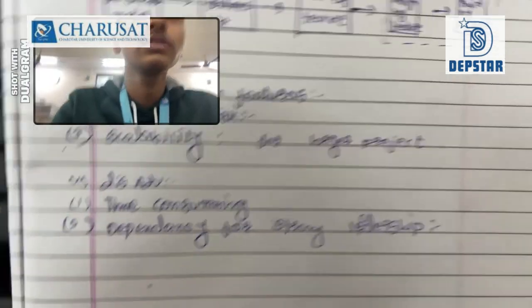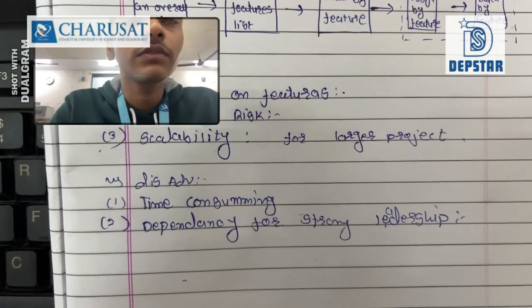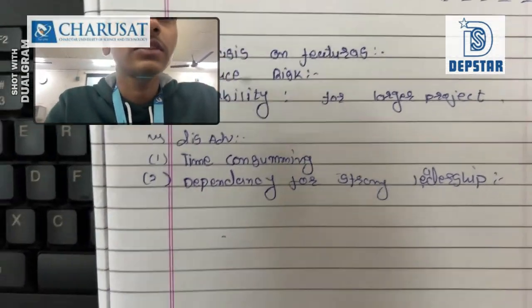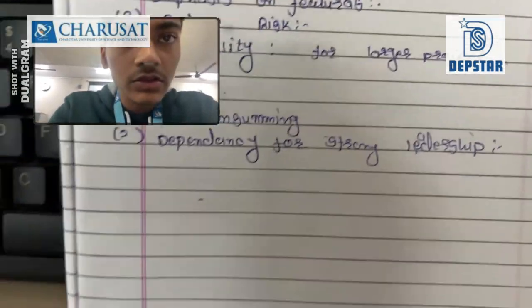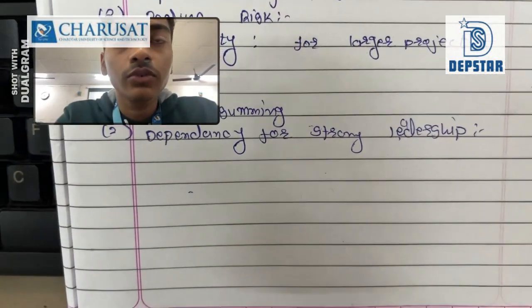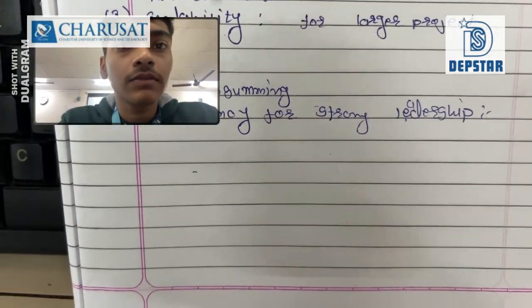Now the advantages of FDD. The first advantage is emphasis on features. This model focuses on the features of our customer's software project, so our project quality is very good.